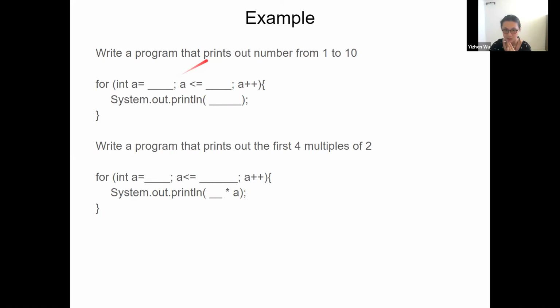Ooh, I think I could write on it. Yeah, I can. So this will be 1. As for the second one, what would the second blank be? So this is where we want to start, and this will be where we want to end. Any guesses?